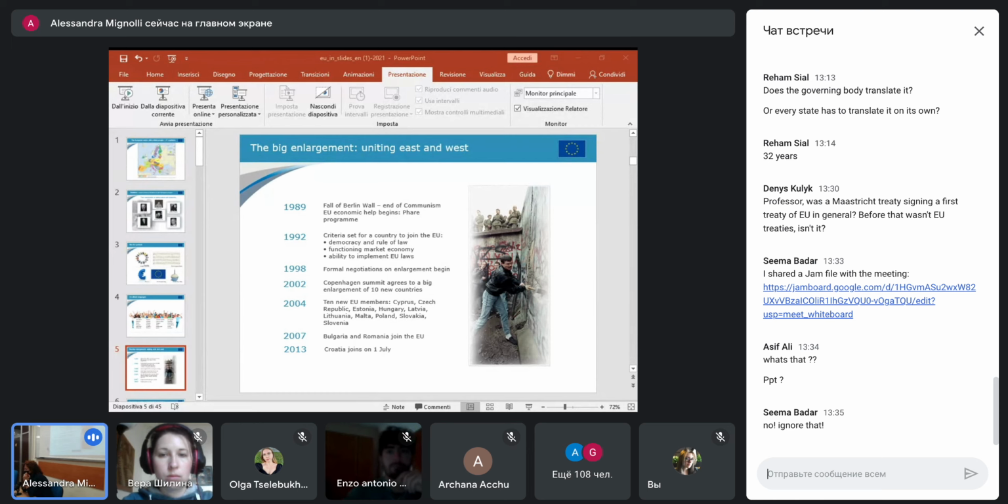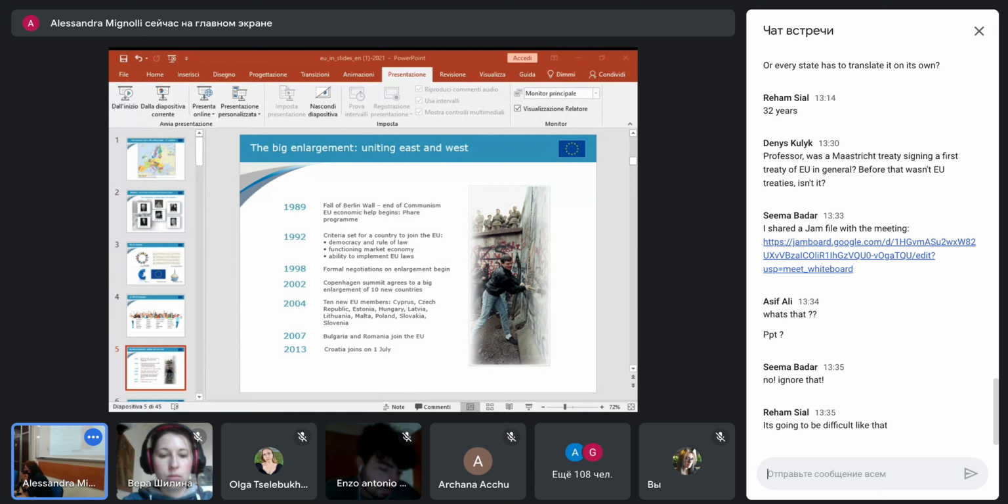So here it says EU economic help begins with the FAIR program, which was the first program of financial help to these countries.